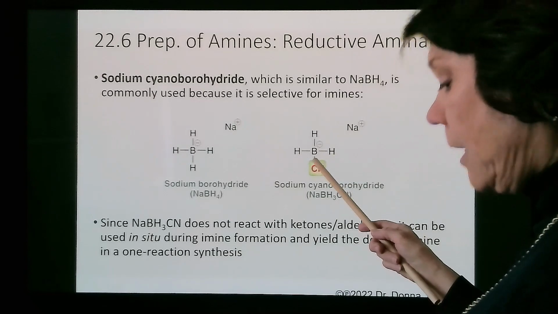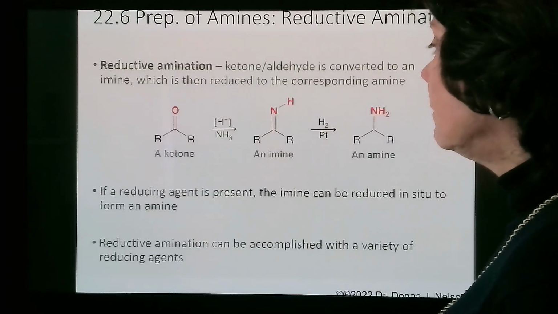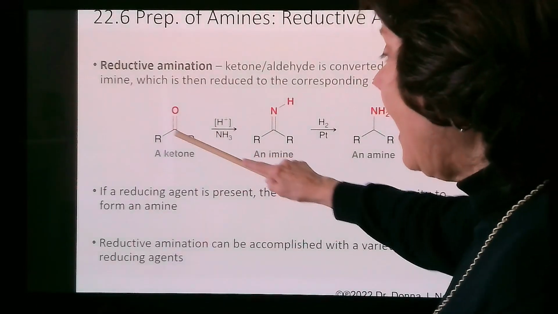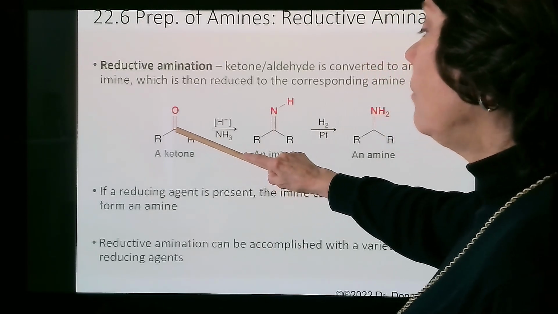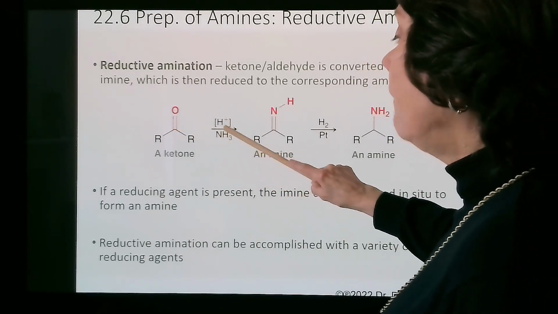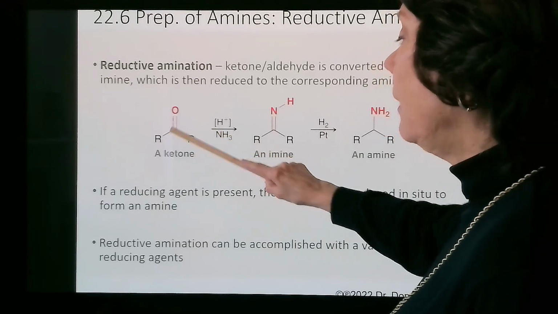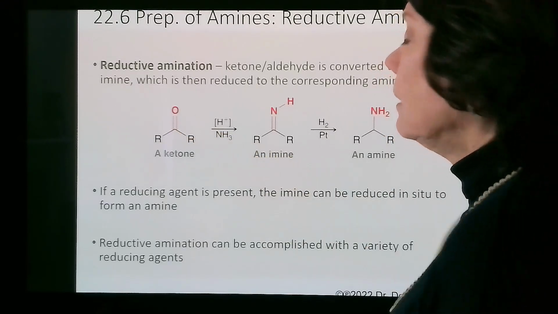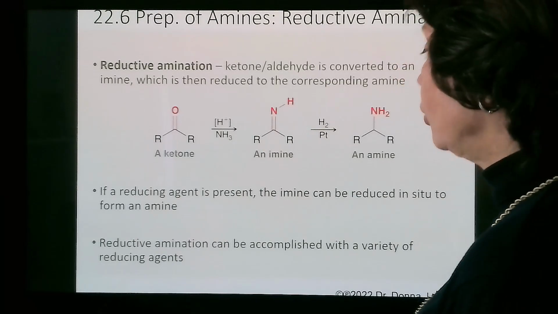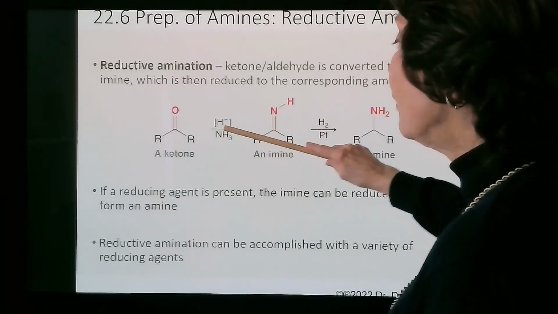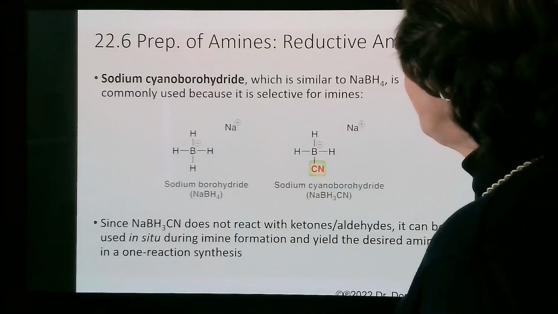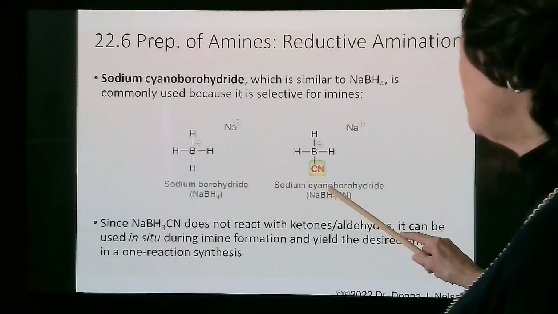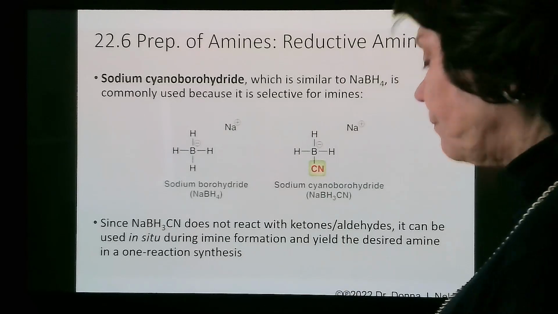So it can be put in right here, and it will be a spectator in the reaction of the nitrogen with the carbonyl, the ammonia with the carbonyl. It will just be a spectator in that reaction. And once the imine is formed, then the sodium cyanoborohydride will react.